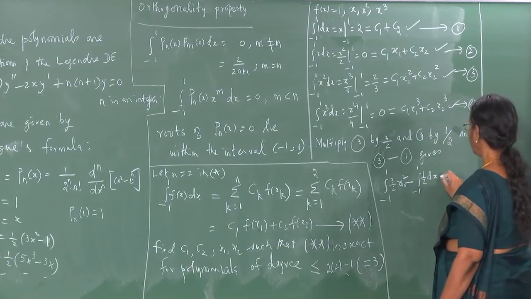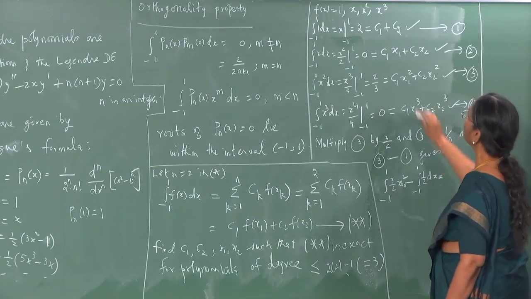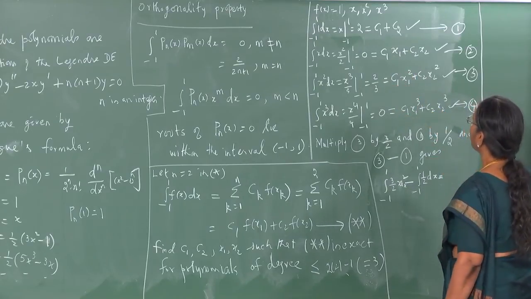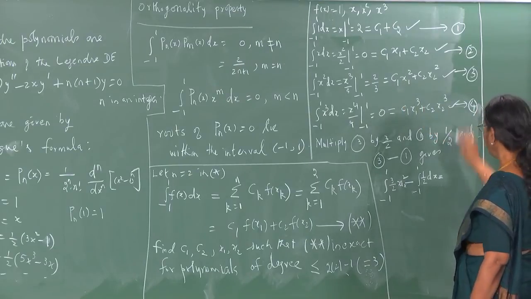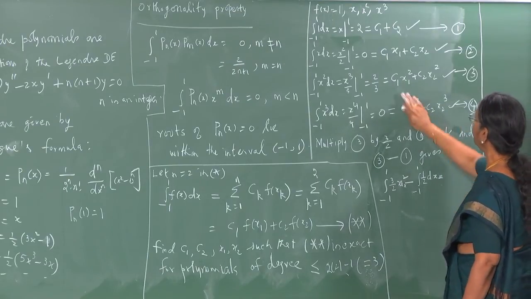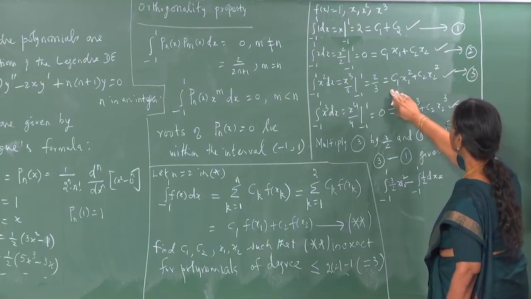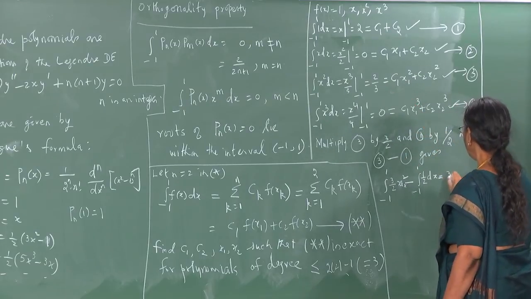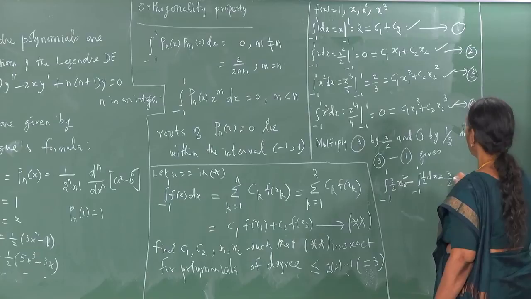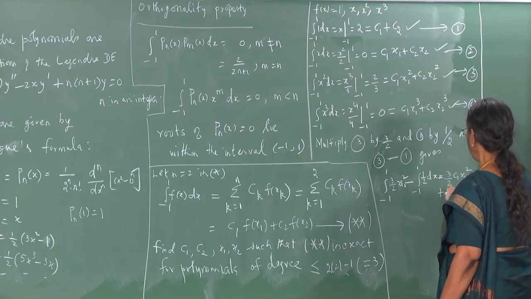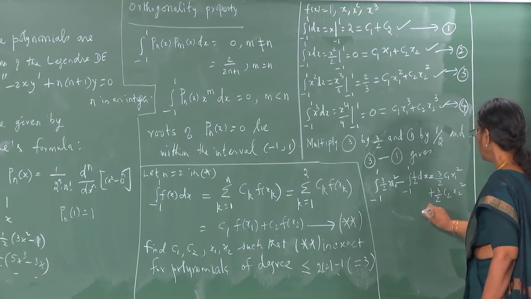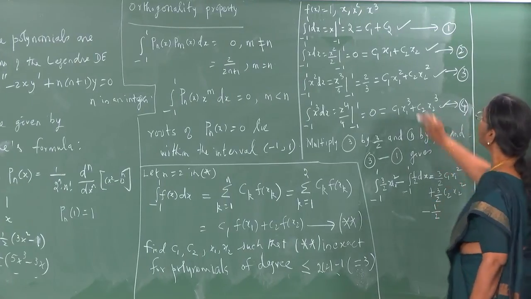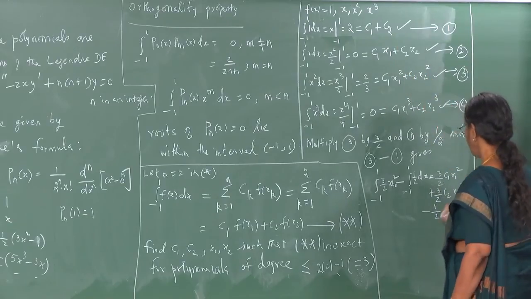And what does that give? That gives you, from here I multiplied equation 3 by 2. So, I have 3 by 2 into C1 x1 square plus 3 by 2 C2 x2 square, and I subtracted half times the first equation.